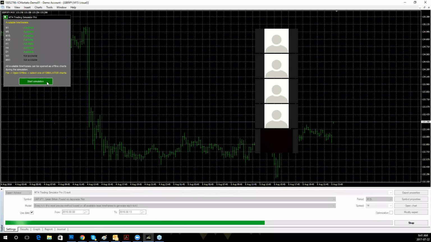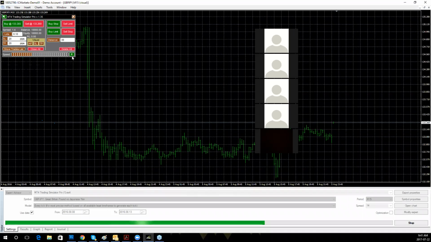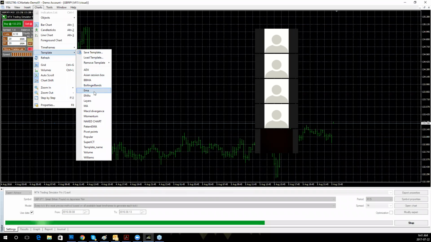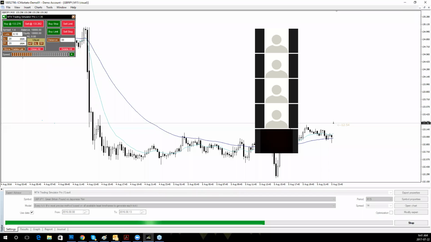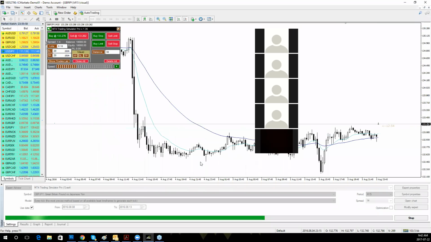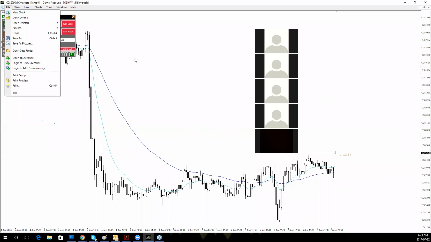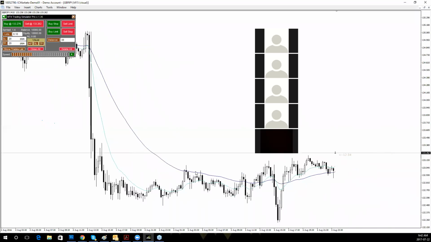Oh, nice. We got all time frames. Pause. So we get DMAs. And then insert. Okay, so anyone wondering how to do this? It's actually pretty simple.